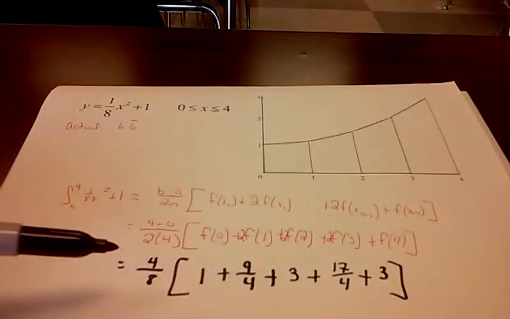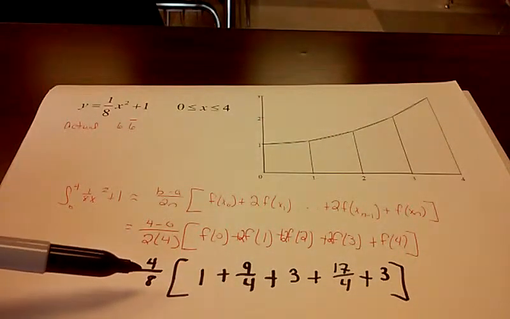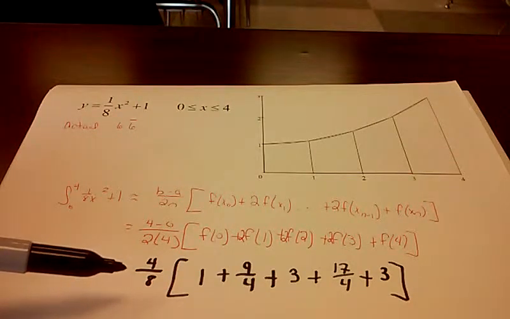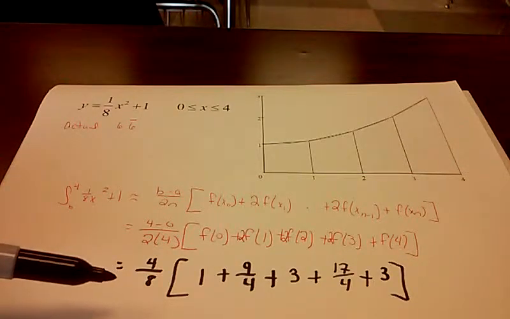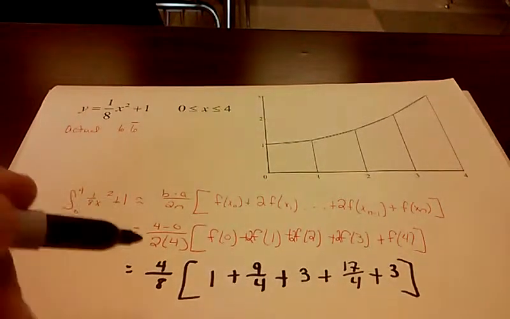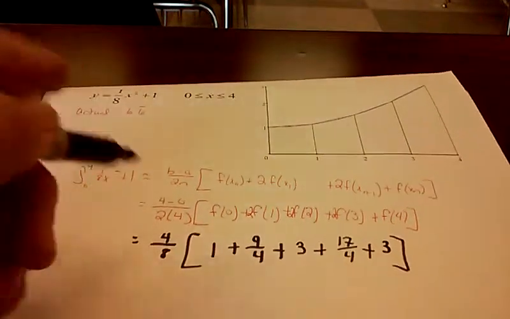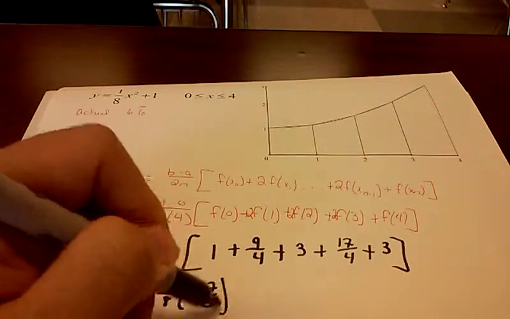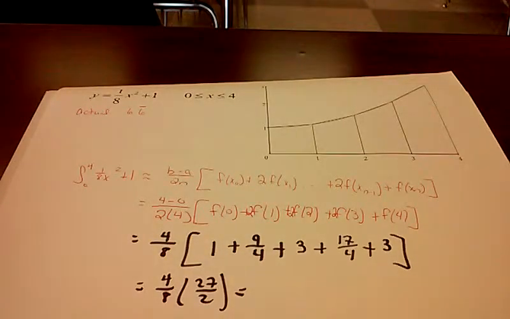All right, so now I'm going to add what's inside of my bracket. So 1 plus 9 fourths plus 3 plus 17 fourths plus 3. And that gives me 27 over 2. So I'm going to have 4/8 times 27 over 2. And then I'm just going to go ahead and multiply that.